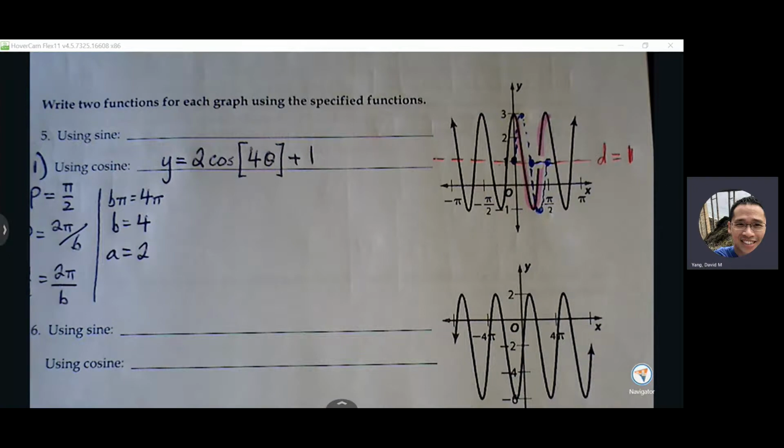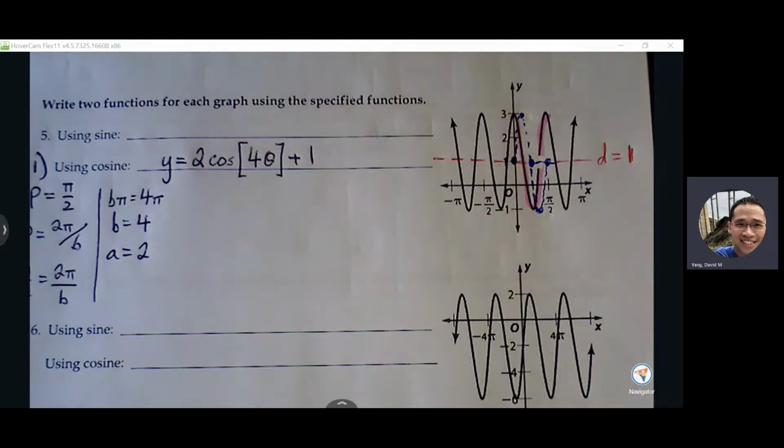So there's my sine graph. Let's create the equation for the sine graph, and then we can worry about in which direction we have to move that dotted line so that it'll line up with the cosine graph that is showing.